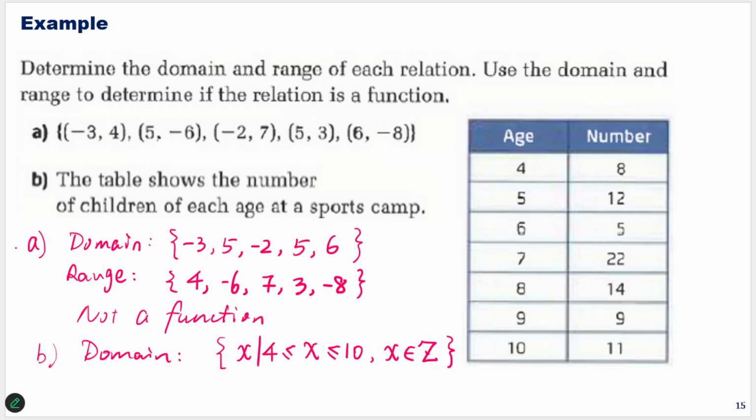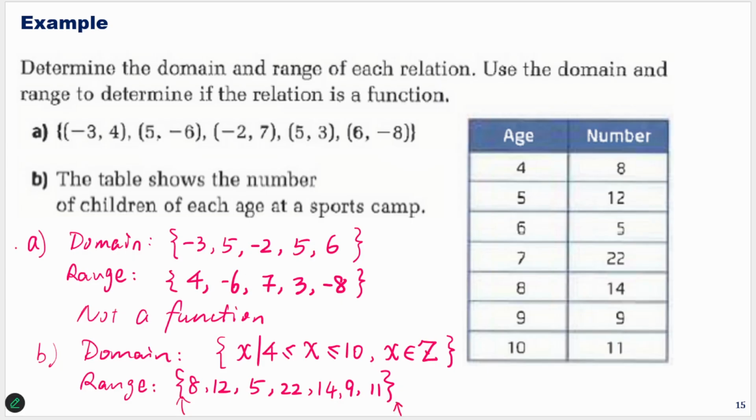And the range, well, we could not use a simple notation, so it's a set, just list all the numbers: 9, 11, 12, 14, 8, and 22. Make sure you use a pair of braces to denote the set, and a set cannot contain identical elements. If you have identical elements, just keep one of them.